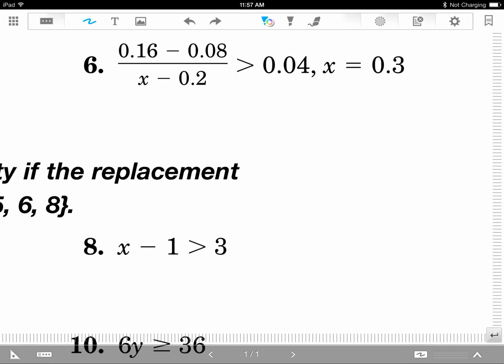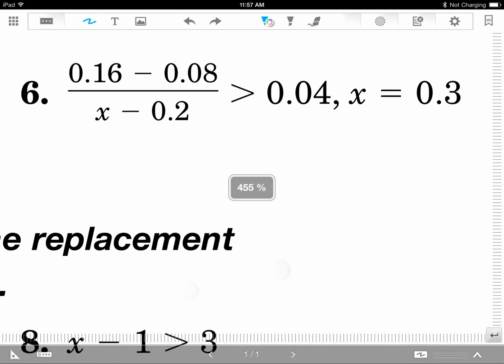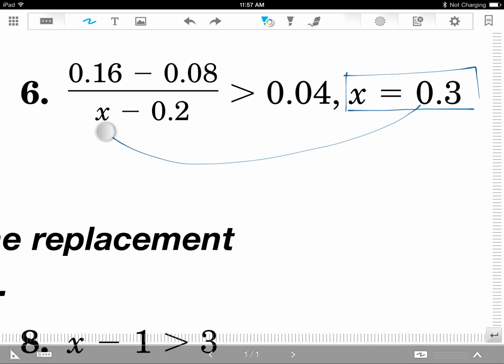And the first part is 0.16 minus 0.08 over x minus 0.2 greater than 0.04, and you know that your x is 0.3, okay? So obviously, like in the previous problems, you need to substitute your x with 0.3.